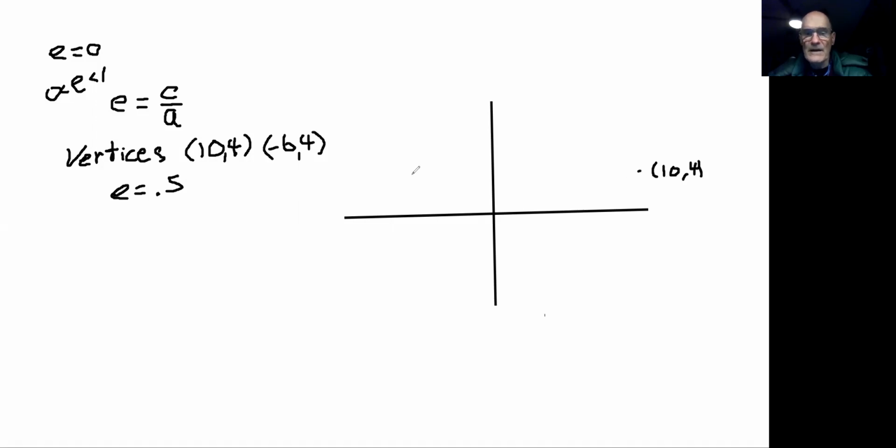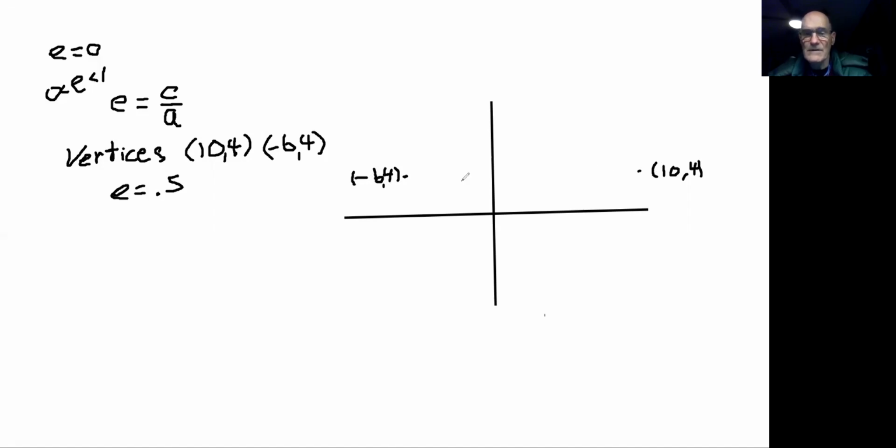And then I come over here to minus 6 and 4, somewhere about right here. So that's my major axis. The major axis then is 16 across, so half of that would be where my center is located.